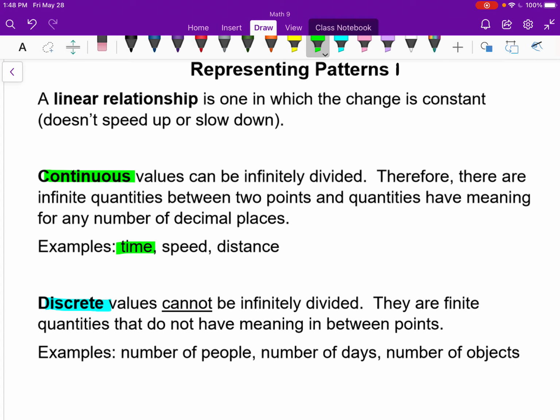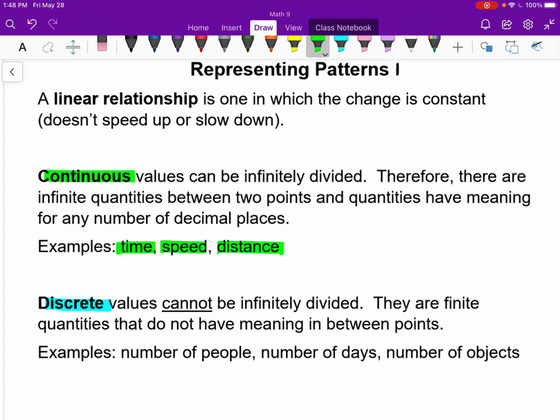No matter how many decimals I express between 1 and 2 seconds, that value has meaning. Time isn't discrete. Time is continuous. And I can break down a unit of time into any number of decimals I want. Similarly for speed or for the distance you traveled. These are all examples of continuous data.